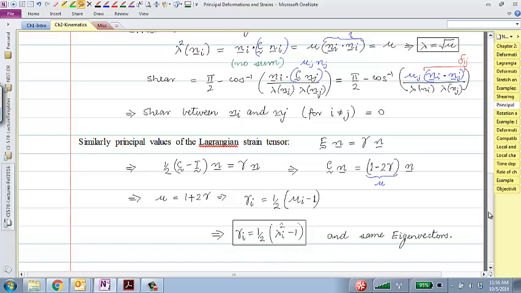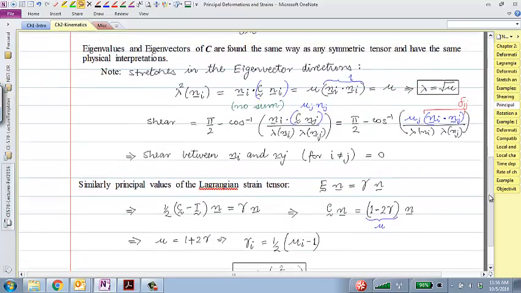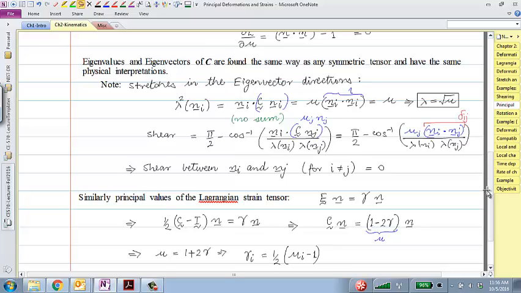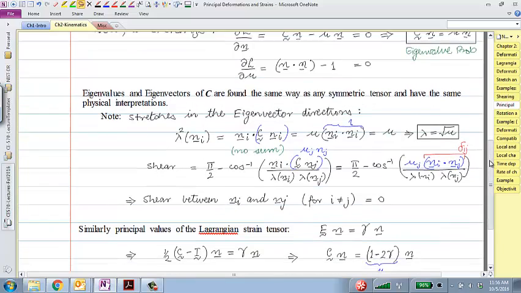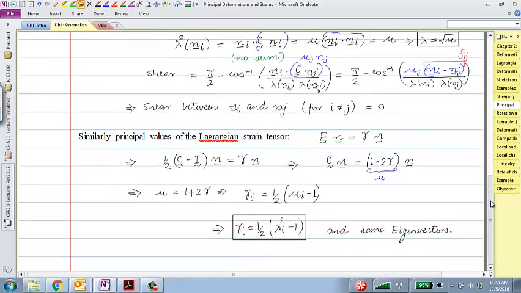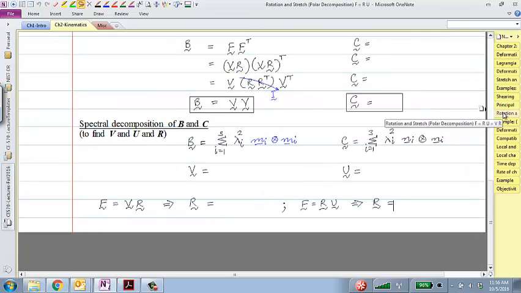So it's a nice way to find eigenvalues and eigenvectors of C and E. If you know the eigenvectors and eigenvalues of one, you easily know the eigenvalues of the other, and the eigenvectors remain the same. So that's kind of an interesting note here.